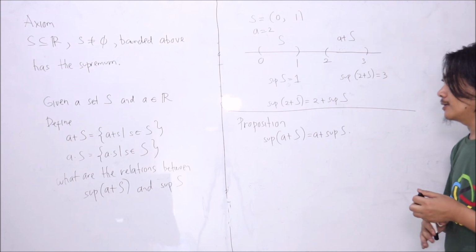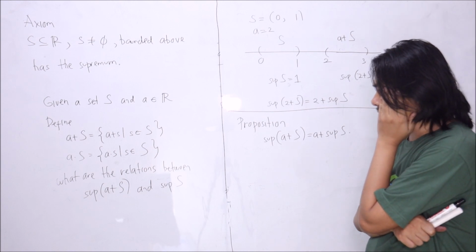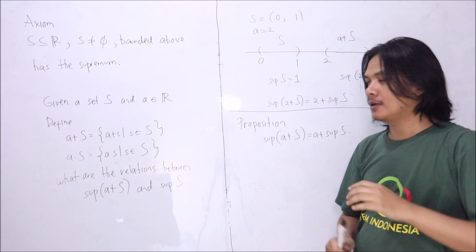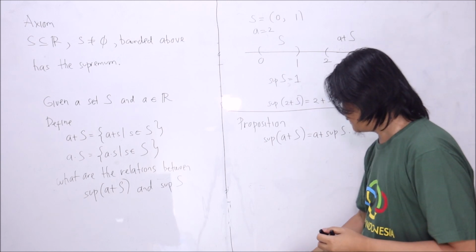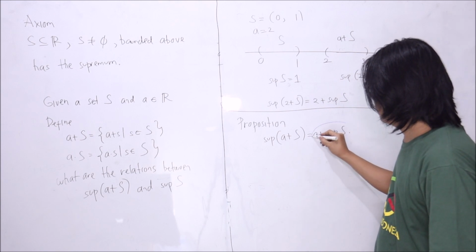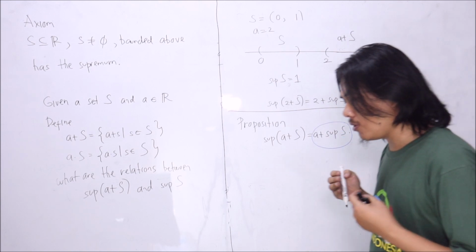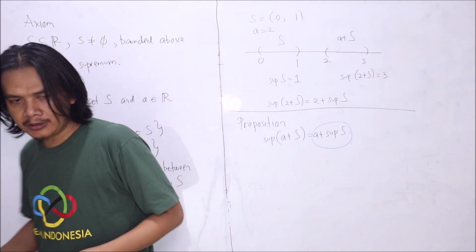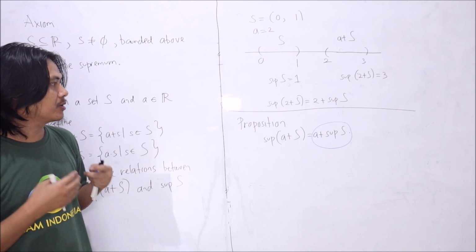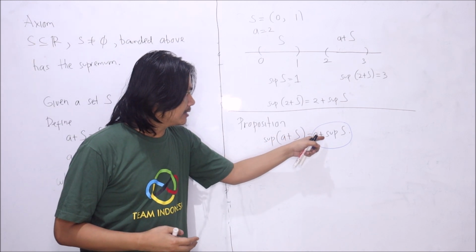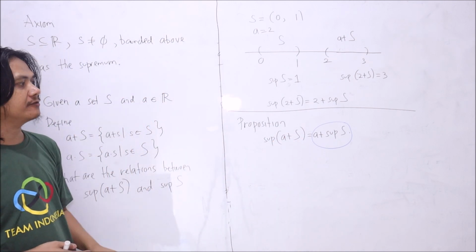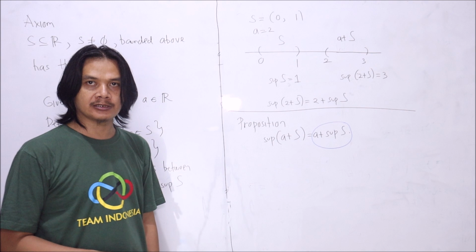Okay, so let's think about how to prove this kind of relation. One way is that we look at this number, and if we claim that this number is indeed the supremum of A plus S, then we need to show that it exactly satisfies the definition of the supremum of the set.